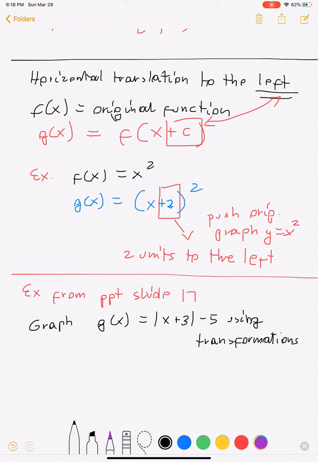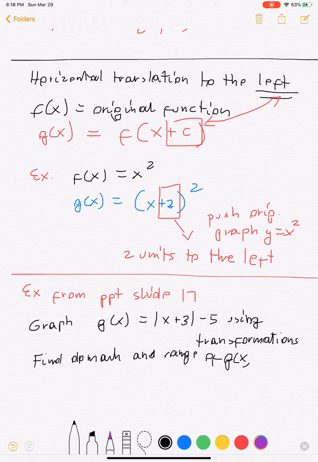Using transformation, find domain and range of g of x.